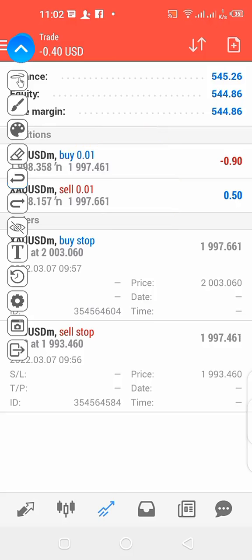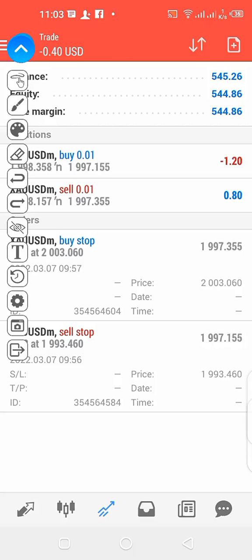Now for the sell trade, at 1998, if you add 49 pips as the edge spacing for the buy stop for my sell trade, that will give you 2003.06.